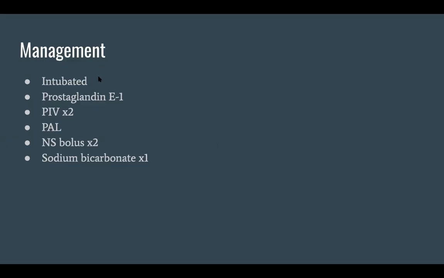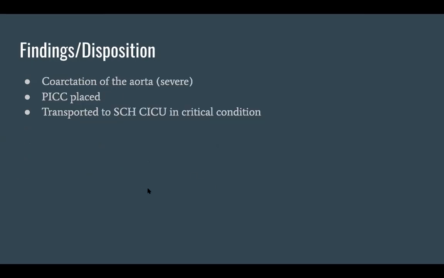So we intubated the patient, put her on the ventilator, started an infusion of prostaglandin, placed 2 more IVs, placed an arterial line, gave more saline boluses, and gave a bicarb bolus. And disposition. So arrived at Providence. The baby was super, super sick.